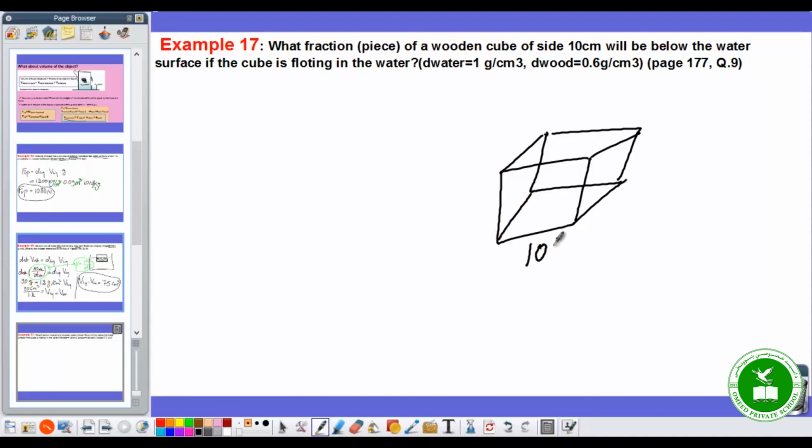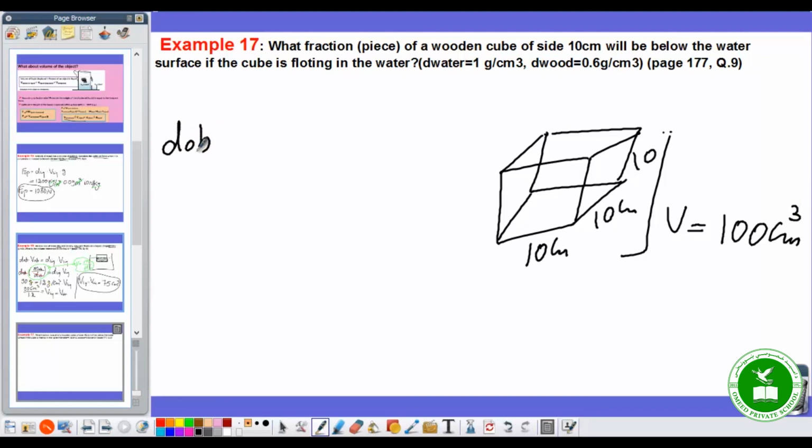Each side is 10 centimeter. Total volume will be 10 into 10 into 10, which means 1000 centimeter cube.